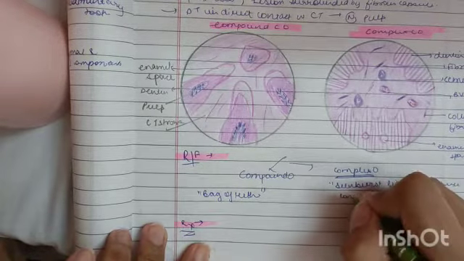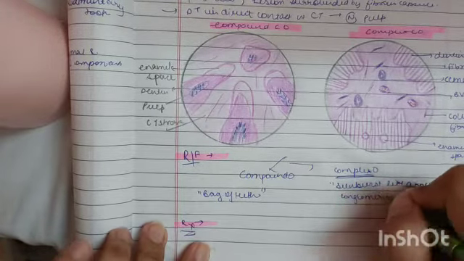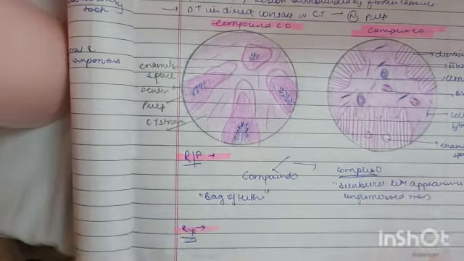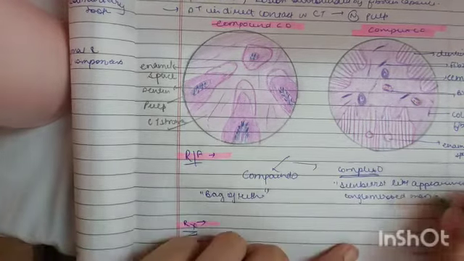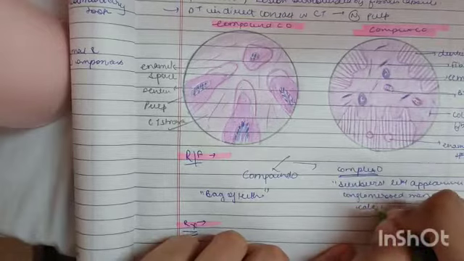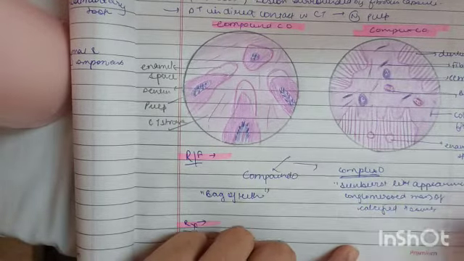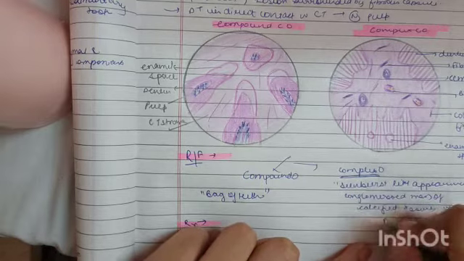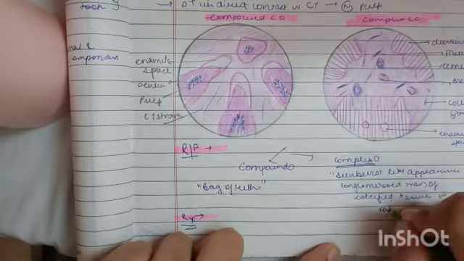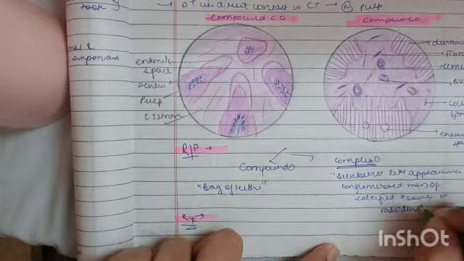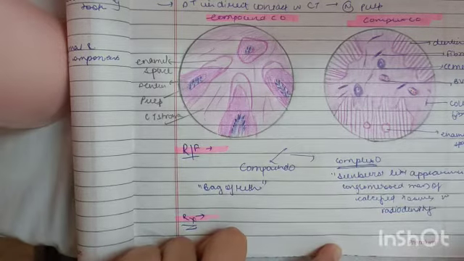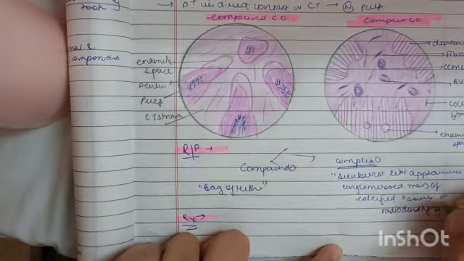and a conglomerated mass. Now, in this, there is a conglomerated mass of calcified tissue with radiodensity of the tooth structure.